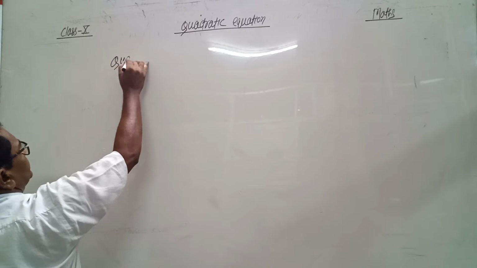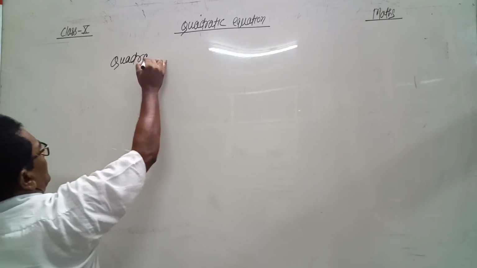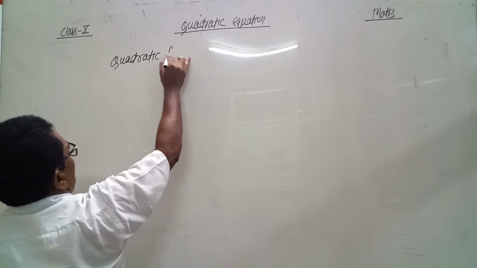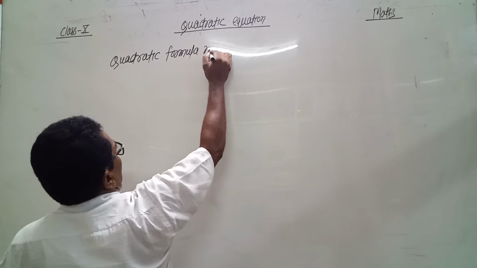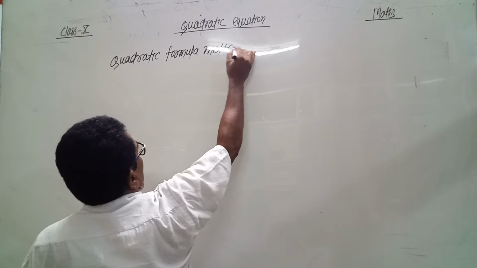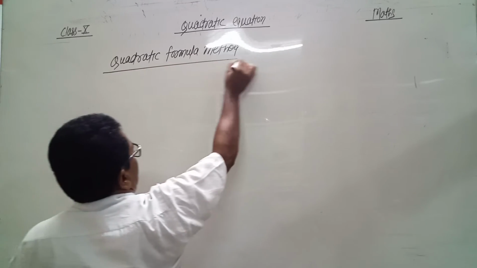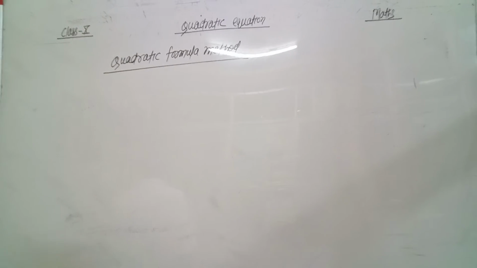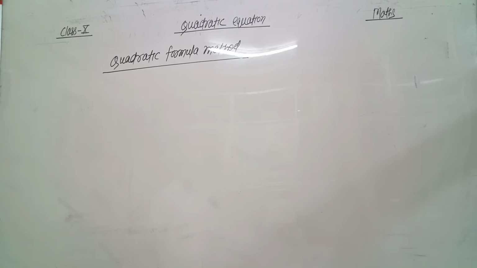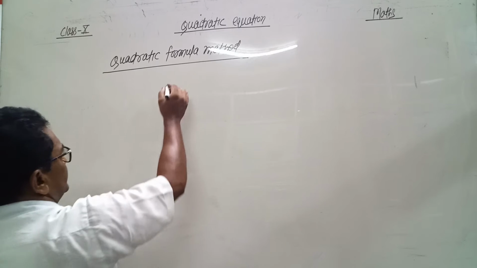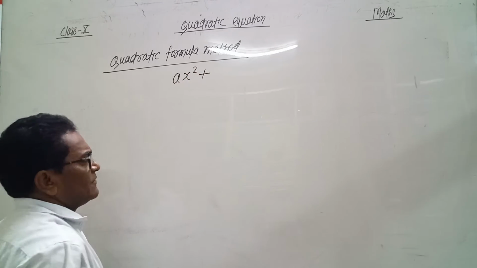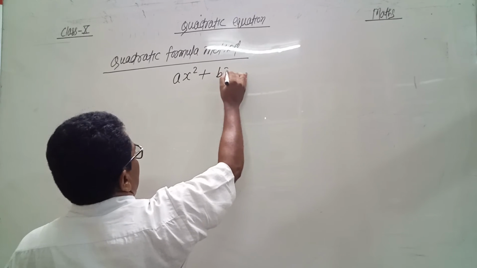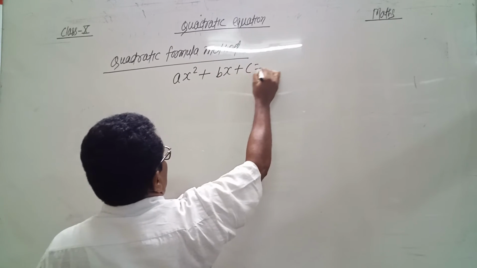Quadratic formula method, which is also known as Sridharacharya method. So, about quadratic formula method, we have studied that quadratic form is ax square plus bx plus c equals to 0.